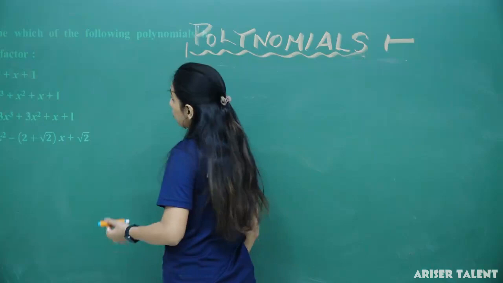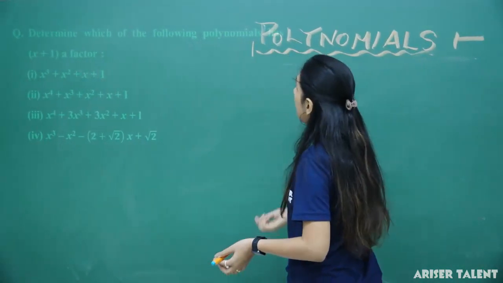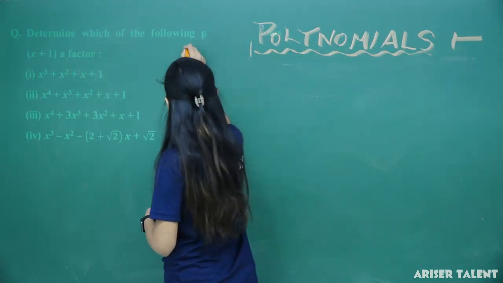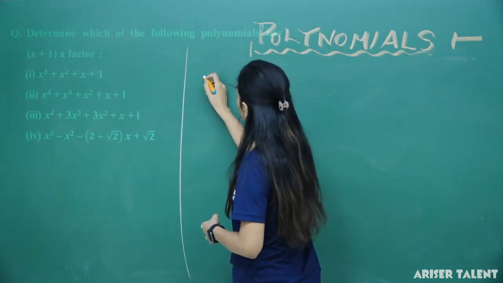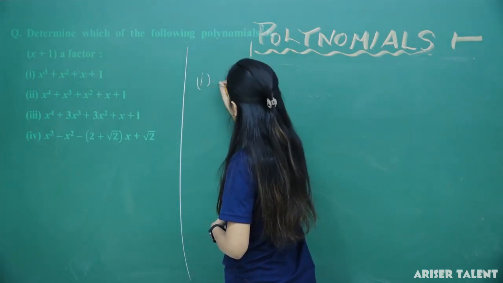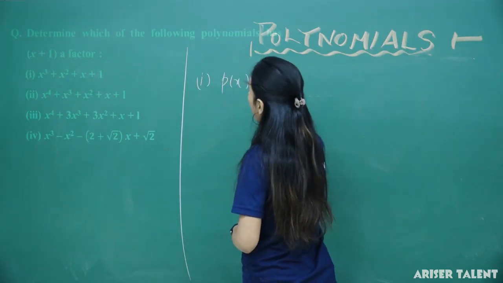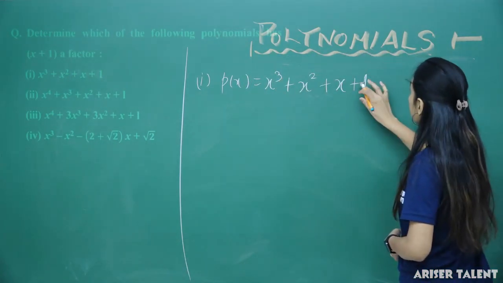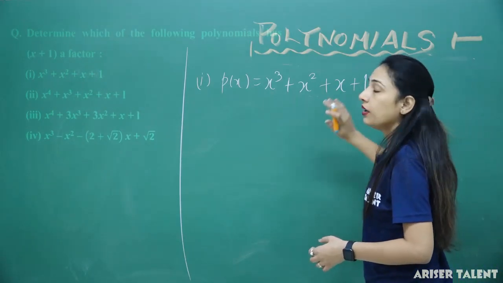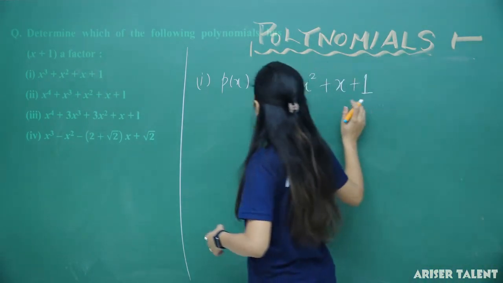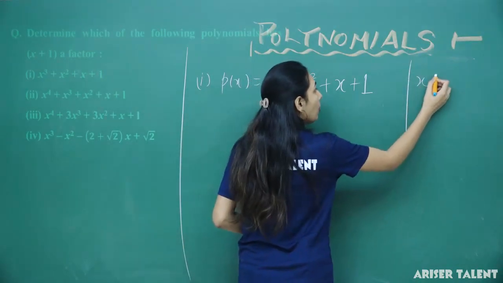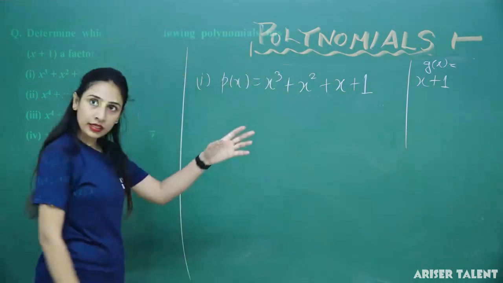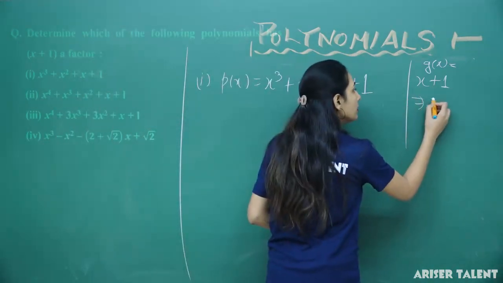Now go back to the question: determine which of the following polynomials has x plus 1 as a factor. For the first, P(x) equals x cubed plus x squared plus x plus 1. Students, be focused, we have given x plus 1 for all. Let's suppose this is G(x). That means x equals minus 1.